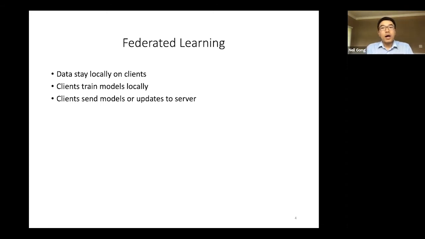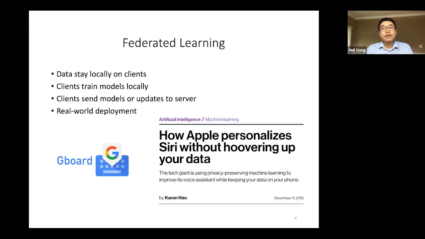Federated learning has been widely deployed by internet giants. For example, Google uses federated learning for the next word prediction on a virtual keyboard app called Gboard. Apple uses federated learning to personalize Siri.